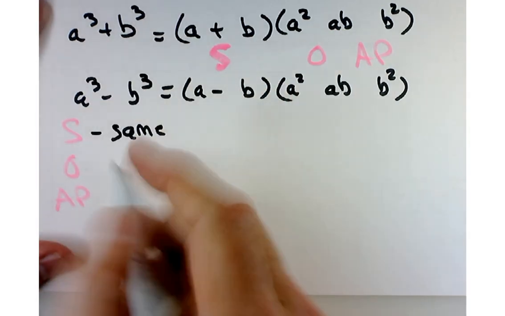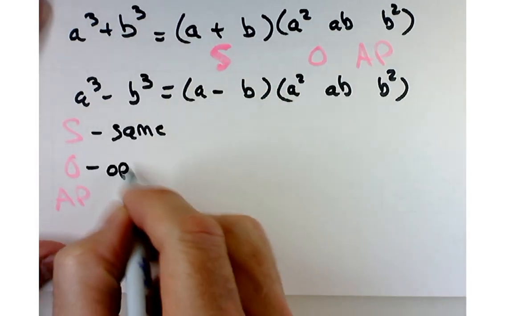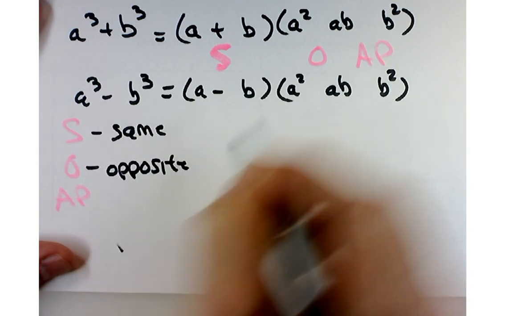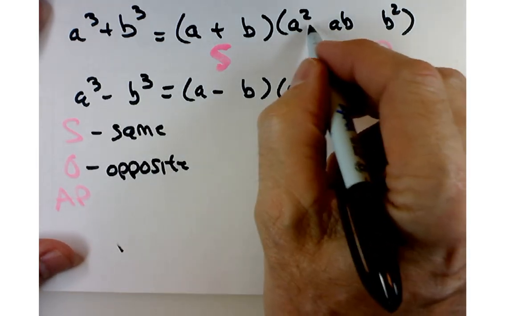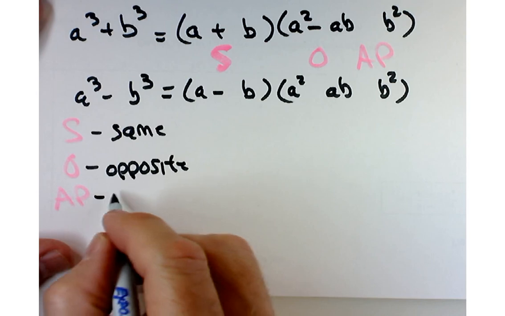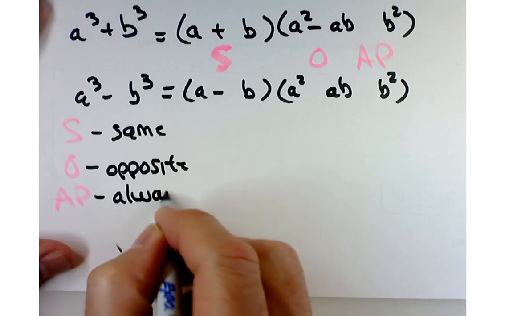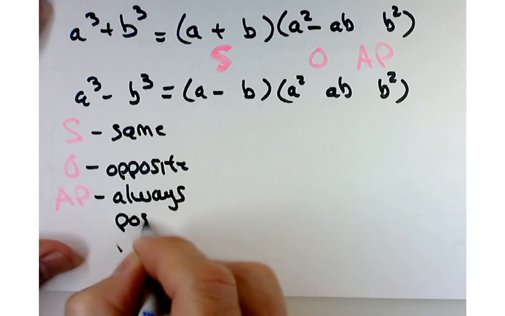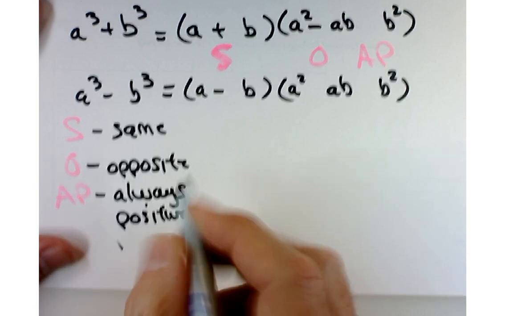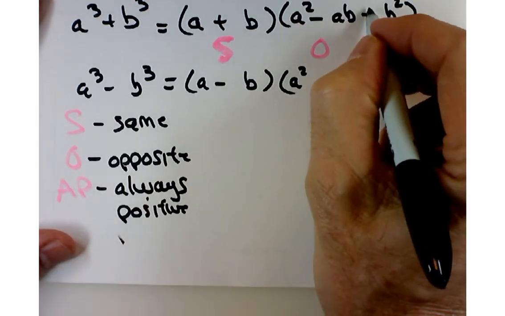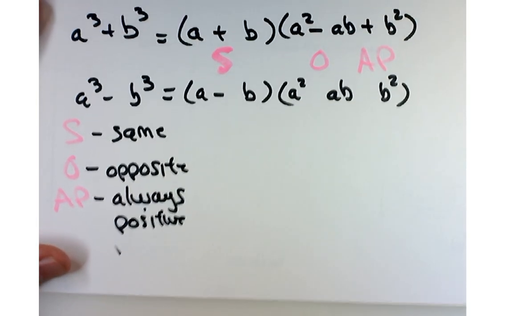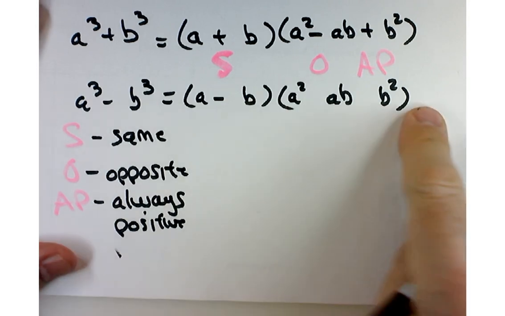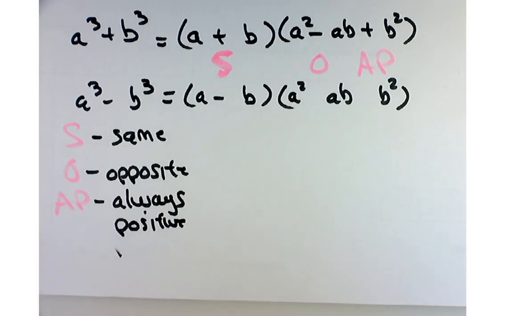What do you think the O is for? Nice, opposite. So that's a minus, and the last one is always positive. Same sign, opposite sign, always positive. See if you can fill in the signs for the rest of this.